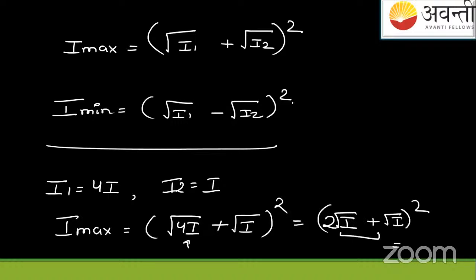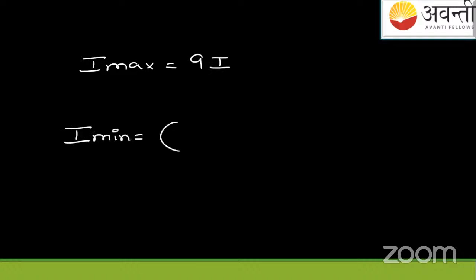If you solve this, it will give you (3√I) whole square. This will give you I max equal to 9I.